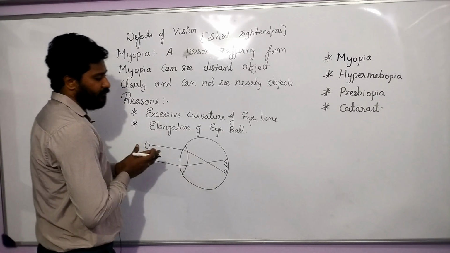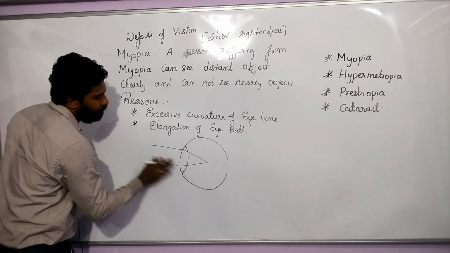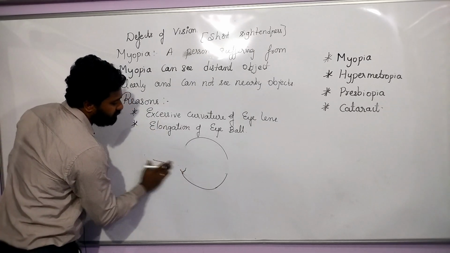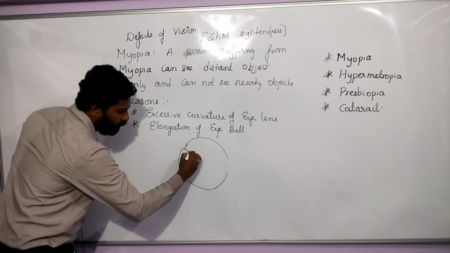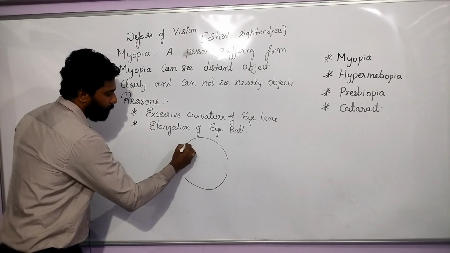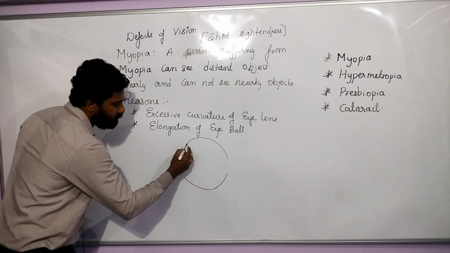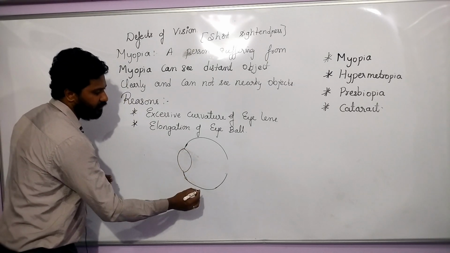This is normal vision. Sometimes, in defective vision, there is excessive curvature. Excessive means more, so the eye lens becomes more thick, like this.